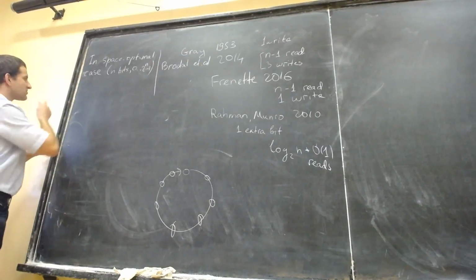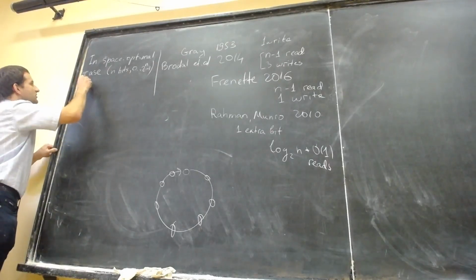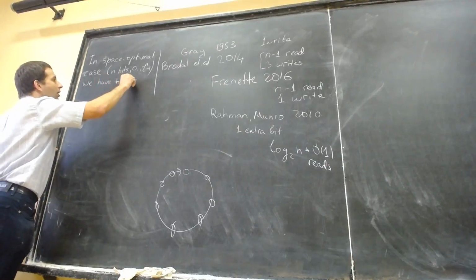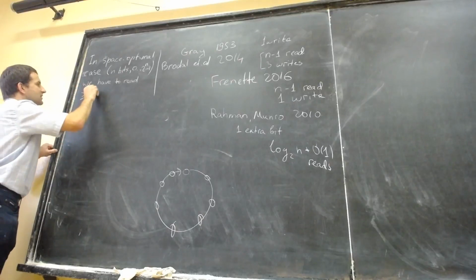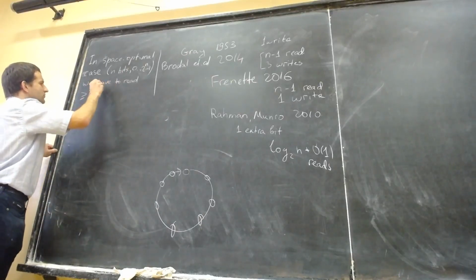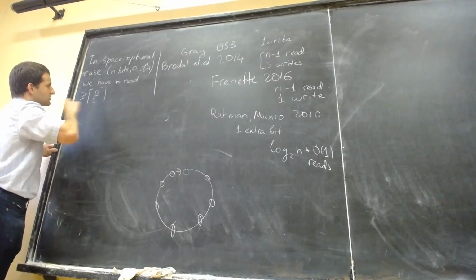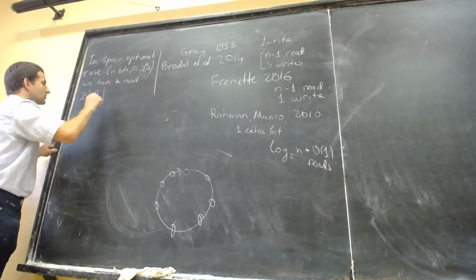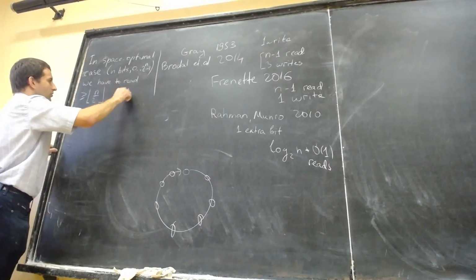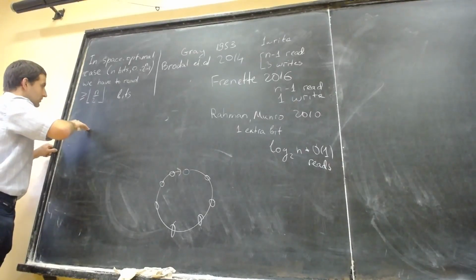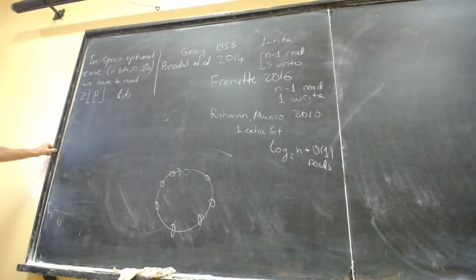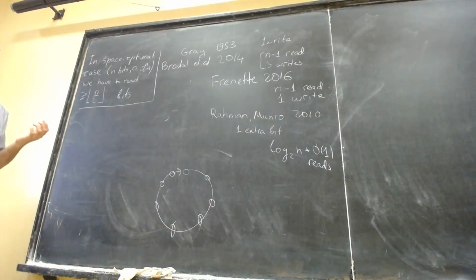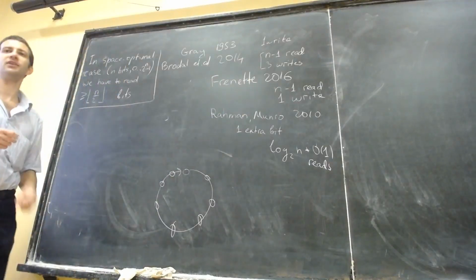In the space optimal case, we have to read at least half n, rounded... not up. I think, yes. So we have a linear lower bound on reads, as we have a linear upper bound.